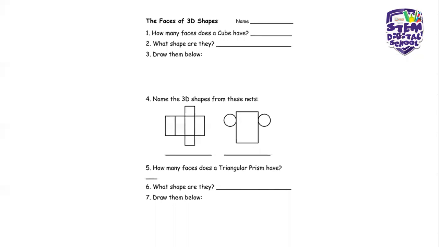So it's very important to characterize your 3D object in terms of the faces. The reason being, every time you need to calculate any surface area, you will definitely need to know how to find the area of the square.